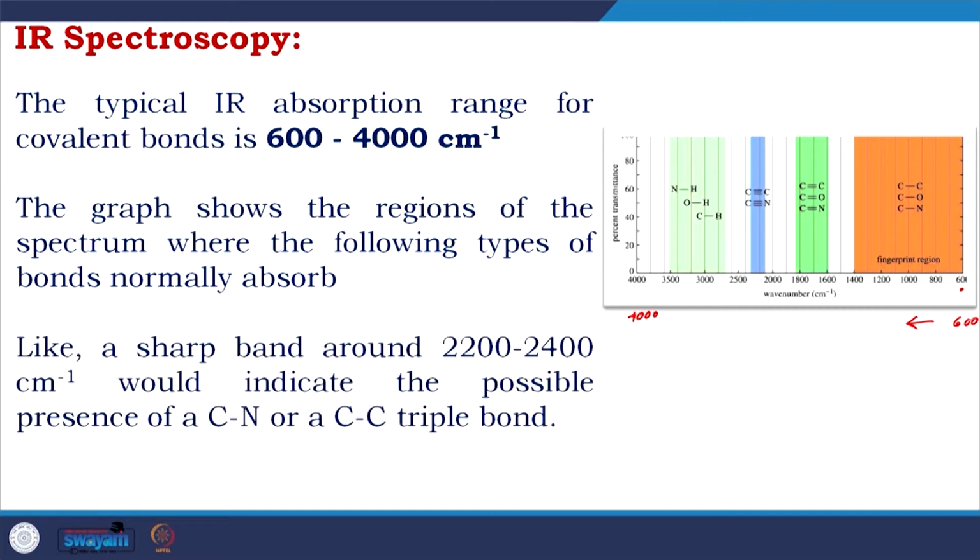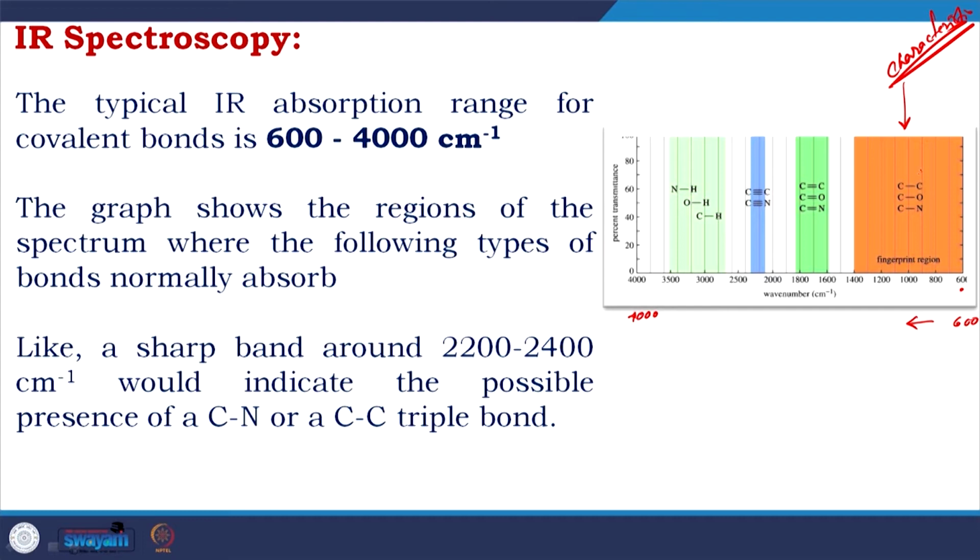If you see NH, OH, CH, they absorb within 3500 to 3000, and 2500 to 2000 is C triple bond C and C triple bond N. Double bonds are within 1800 to 1600 and single bonds are actually characteristic. Characteristic means they do not change much.